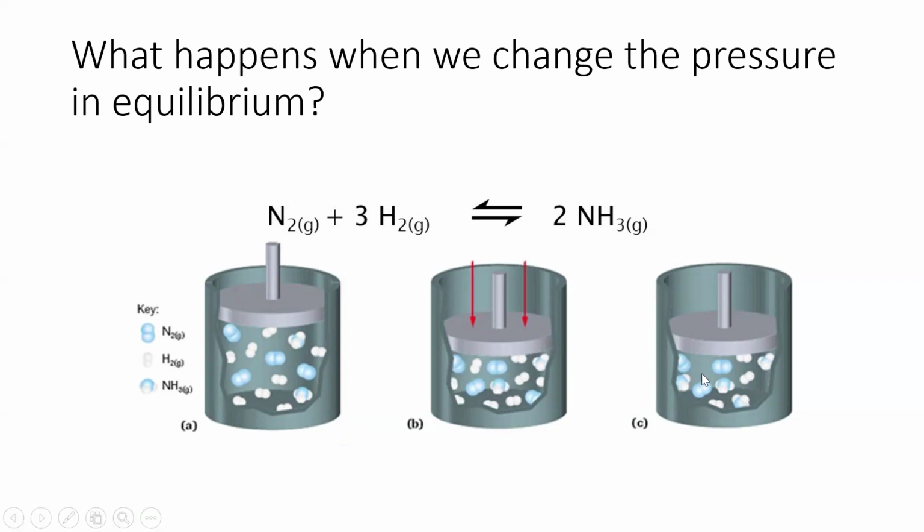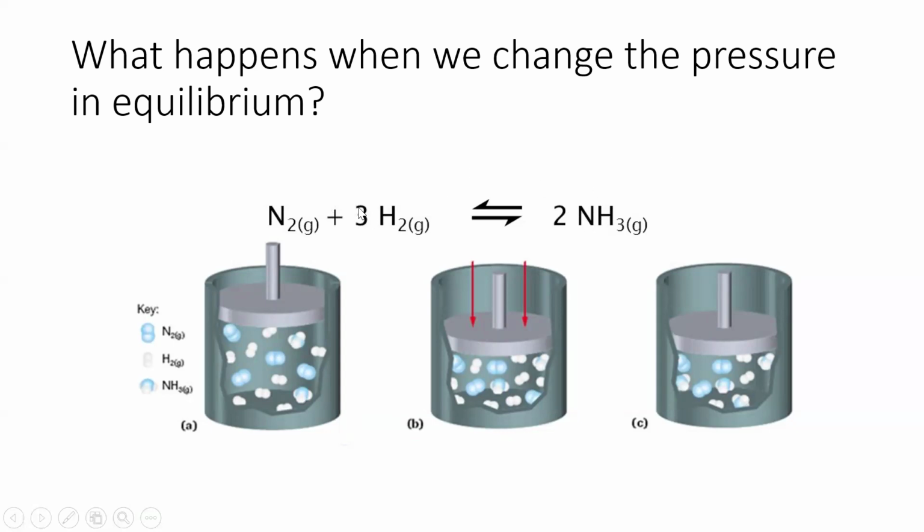Accordingly, equilibrium is going to shift to the smaller number of moles, trying to restore the spaces between the particles. Where is the smaller number of moles here? In the product. So therefore we say in this particular reaction, increasing pressure is going to shift the reaction into the side of smaller number of moles, which is forward.